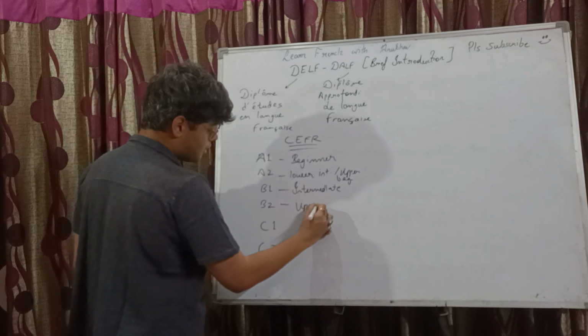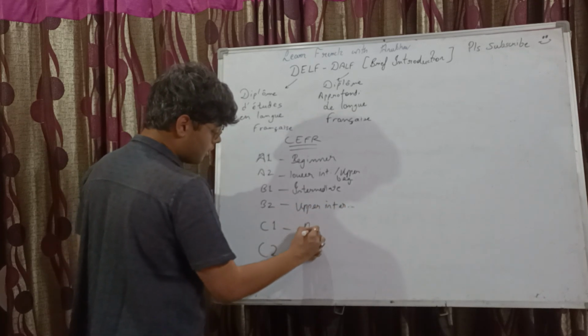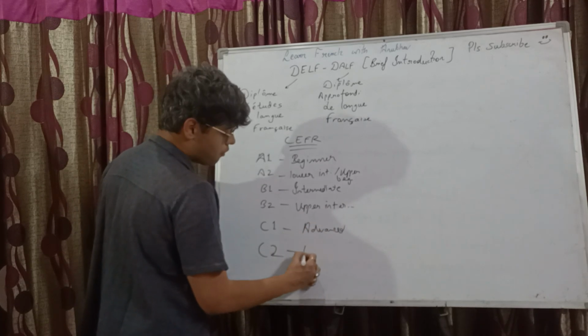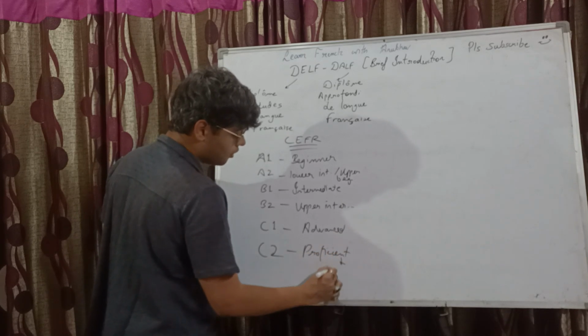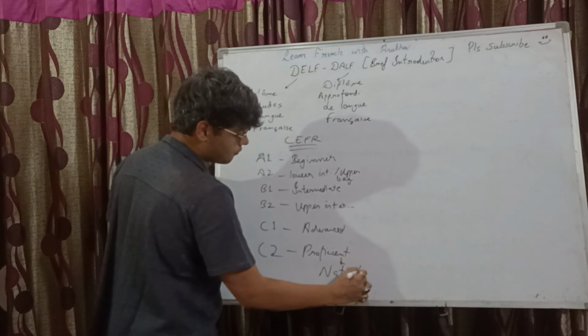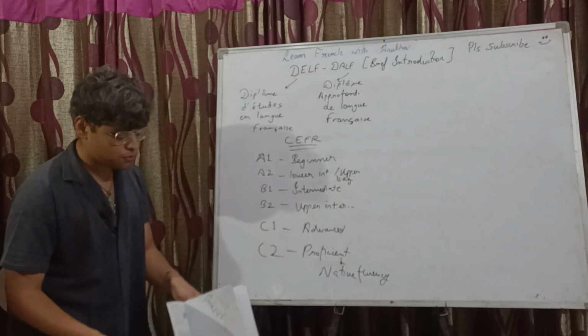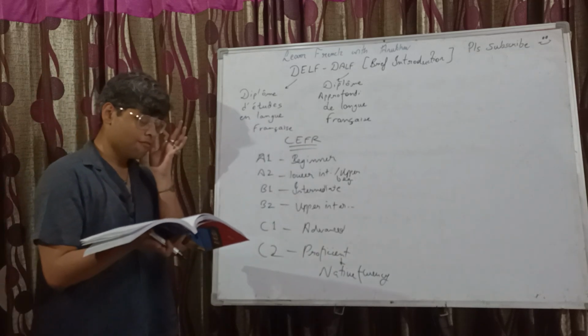B2 upper intermediate. C1 advanced, and C2 proficient or expert, or you can even call it native fluency, that you are as good as natives in this language. So these are the 6 levels that we have.